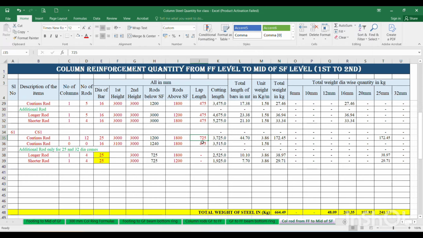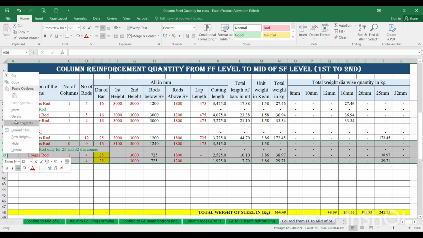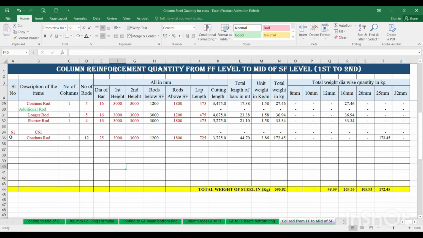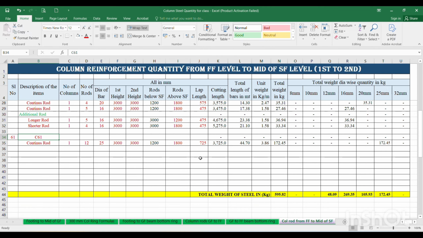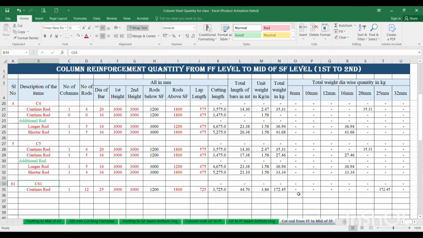So the lap length has to be lapped in the below lap, and no more details will come in this column. Only one line itself we can complete all the column dia quantities over here.